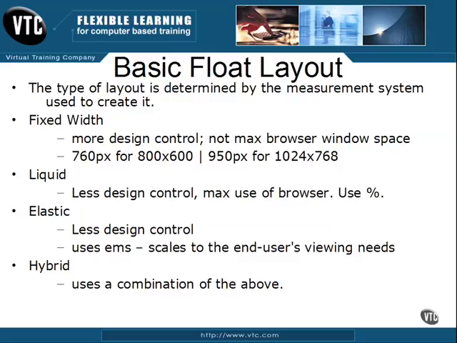So, in essence, we're not going to be at the total mercy of our browser window, nor are we going to be unprepared if an end user scales their text up. Now that concludes this look at our basic float layout options, and we will see them in action in an upcoming movie.